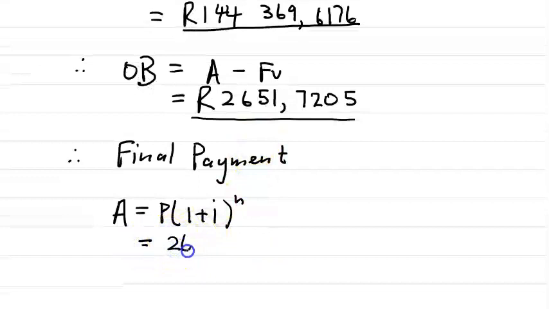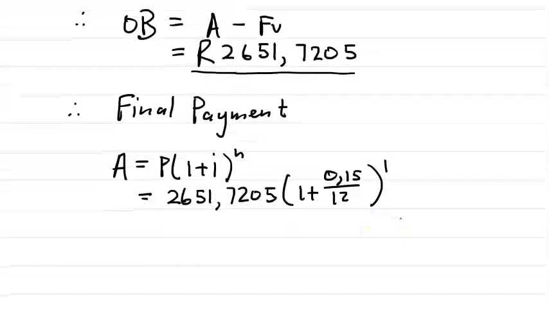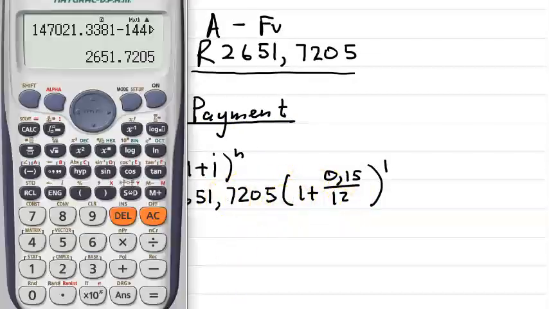So it's going to be 2,651 rands .7205 into 1 plus the interest rate, which is 15% per annum compounded monthly, for 1 month. Whatever amount we get here now will be the final payment.